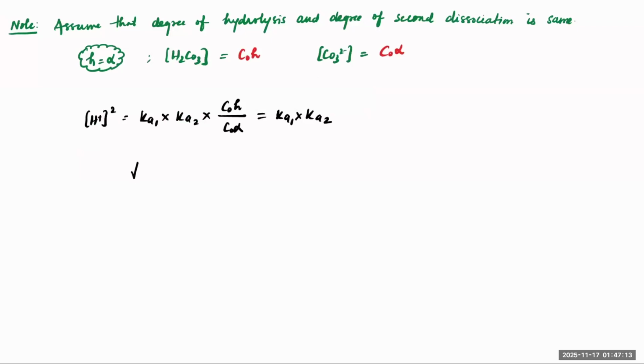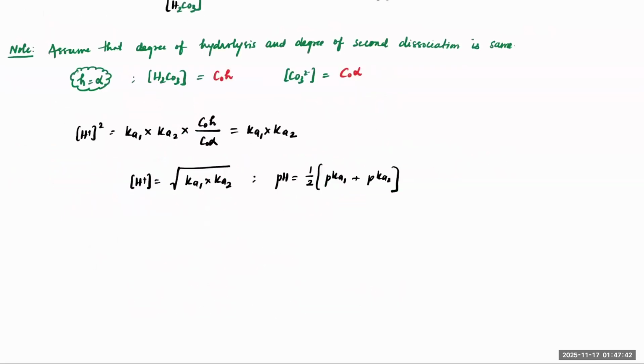So if I take the root on both sides, I will get H plus ion concentration is equal to root of Ka1 multiplied by Ka2. So minus log of H plus ion concentration, which is pH, is equal to half of pKa1 plus pKa2. So that will be the pH of the solution.